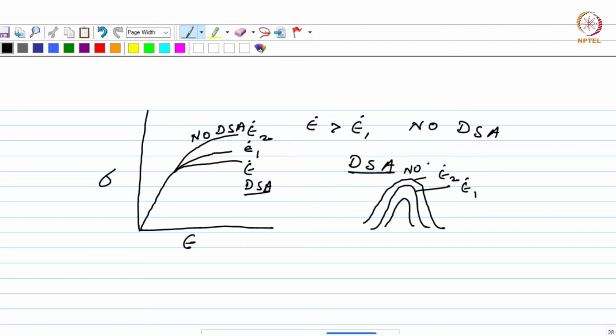So this top one is for no DSA condition and this one is for occurrence of dynamic strain aging. Okay.